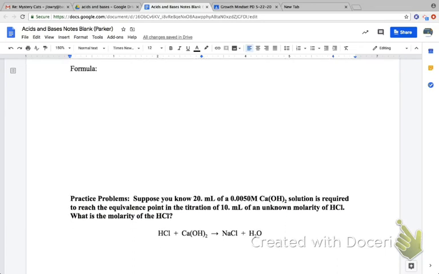All right, so the formula that we use is MaVaNa equals MbVbNb. So obviously the A and the B stand for acid or base.